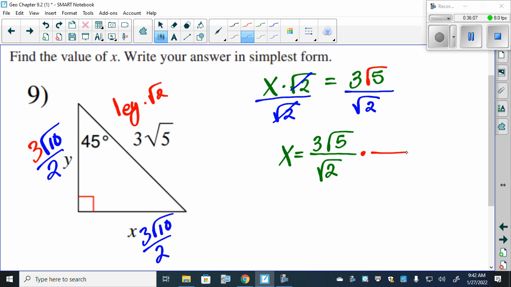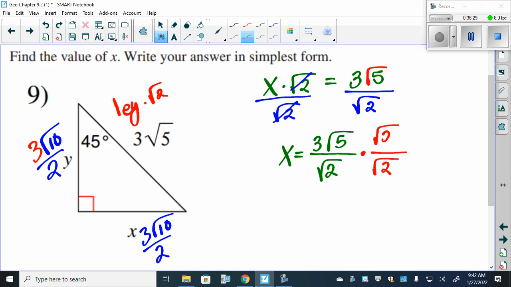And this here is not hugely important, but I think it'll help you see why we're getting there. We can't leave a radical in the denominator, in the bottom of a fraction. And as we've seen so far, what is the square root of 2 times the square root of 2? Square root of 4, which is 2. So that simplified the denominator.